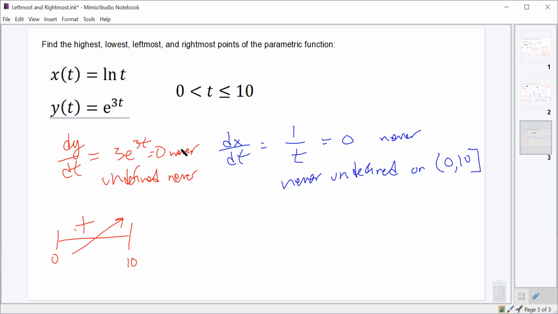We're approaching 0, but if we never hit 0, we're never going to have a lowest point, but we will have a max at 10, right? We'll have a local and an absolute max at t equals 10. And what is that value? It should be e to the 30th power.